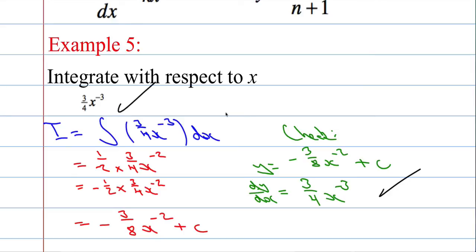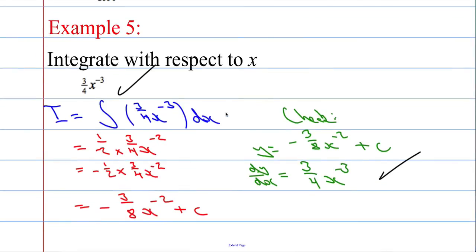Now, something that is certainly a useful tool is that the constant 3/4, actually we don't need to worry about integrating that. So I could have done this: I equals, and I can take that constant out in front, I equals 3/4 times the integral of x to the negative 3 with respect to x.